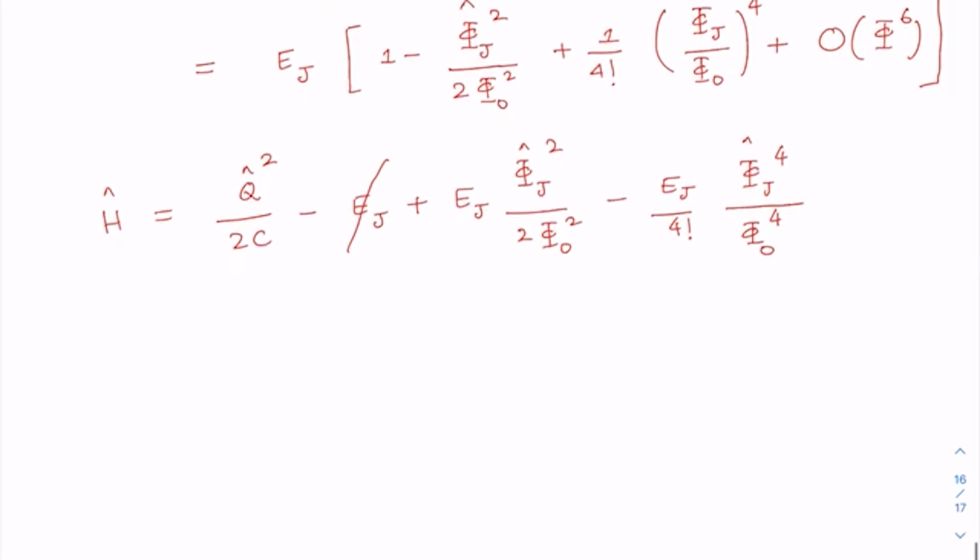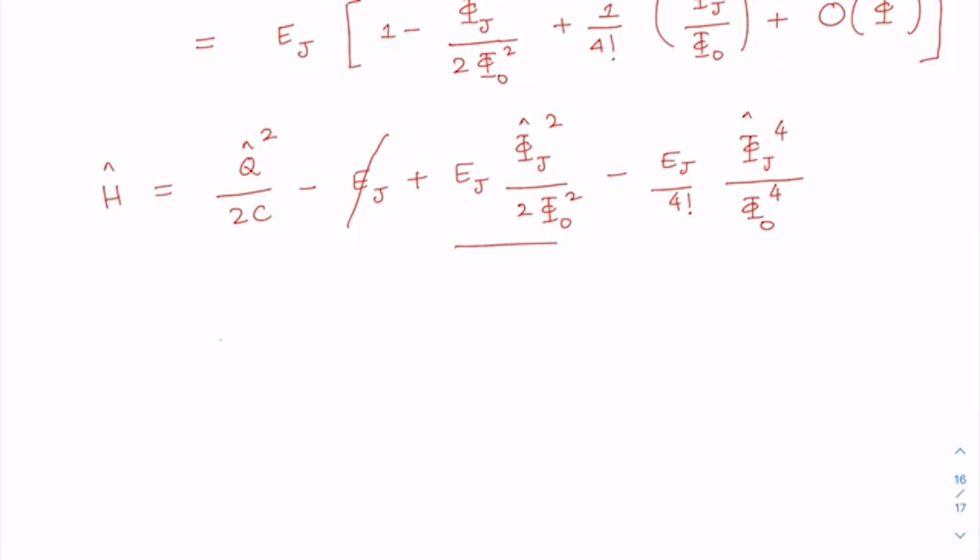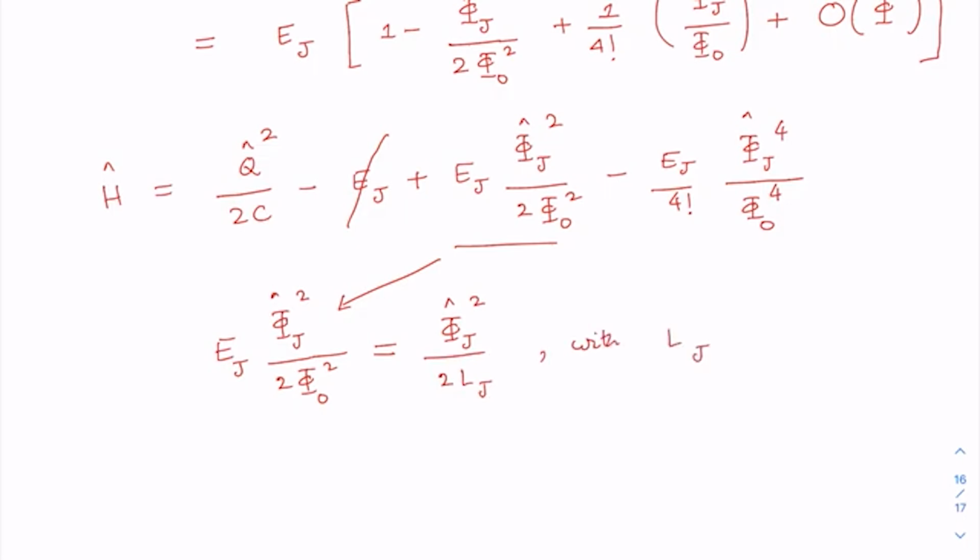On the other hand, if you look at this term, we can rewrite it as follows. This particular term, Ej into phi j square divided by 2 phi 0 square, I can write as phi j square divided by 2Lj, with Lj equal to phi 0 square divided by Ej.